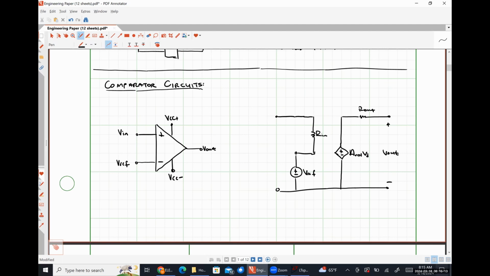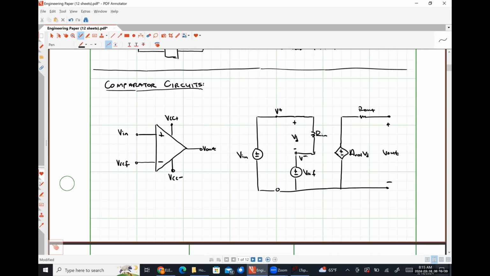Connected between my non-inverting input terminal and ground, I'm going to have my voltage source Vn. And as always, my differential voltage VD will be defined as the potential difference between my non-inverting input node and my inverting input node. Okay.